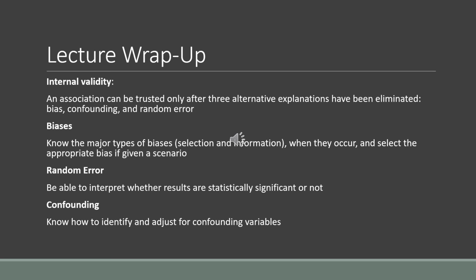For random error, I want you to be able to interpret whether results are statistically significant or not. So looking at p-values or confidence intervals, can you tell what is statistically significant? And then confounding. Know how to identify them with baseline characteristics and know the methods for adjusting for those confounding variables in research. Good luck.